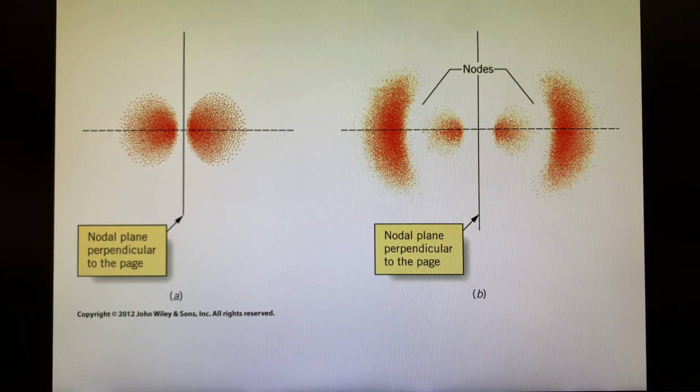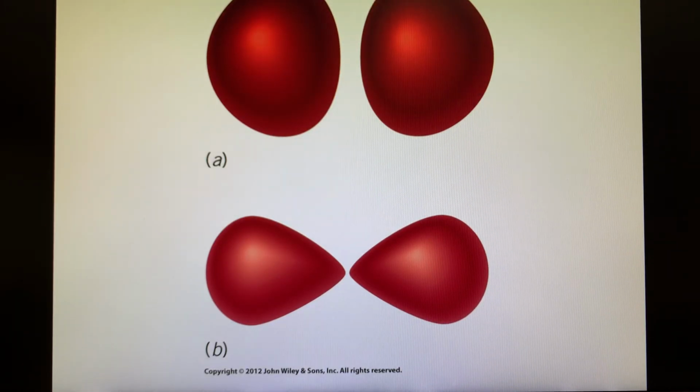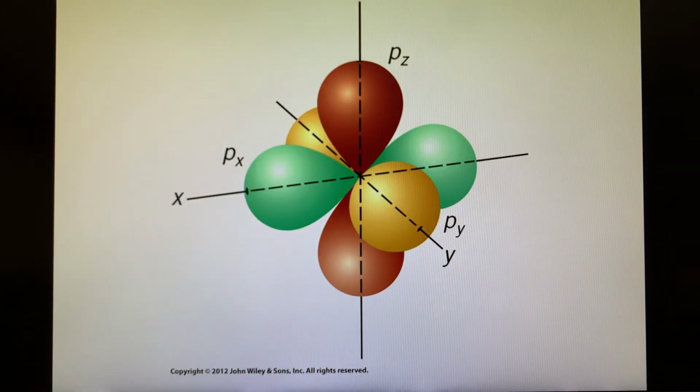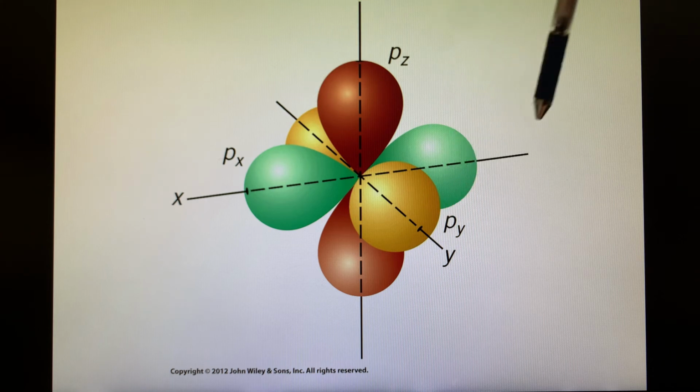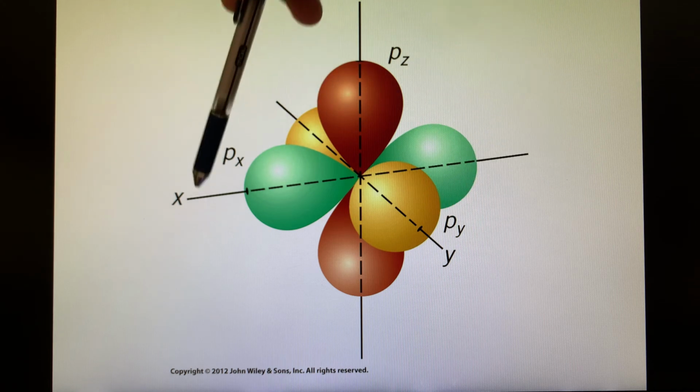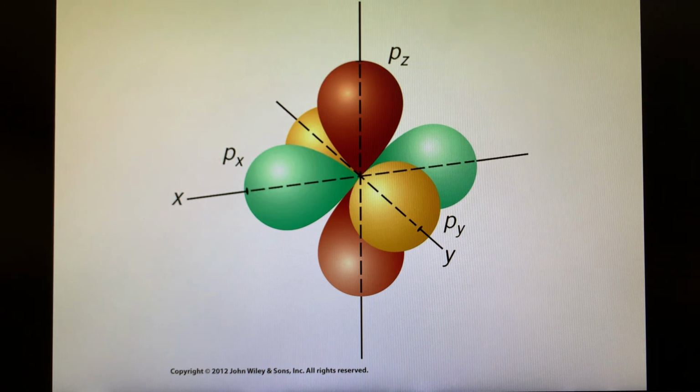But again, the take-home message for p orbitals is they have this kind of dumbbell shape. Sometimes it's shown like this, sometimes like that. It doesn't matter a lot. The point is that they have that dumbbell shape. So a complete 2p subshell, which has 3 p orbitals, will look like this: one p orbital on the y-axis, one on the x-axis, and the last on the z-axis.